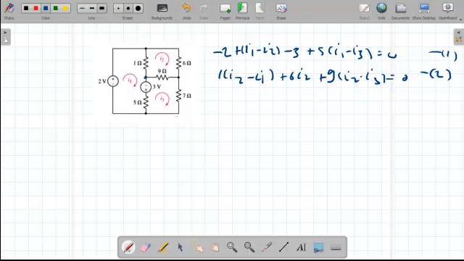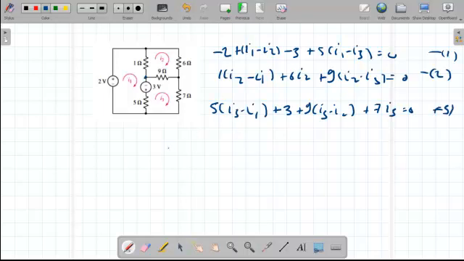The third, we start from here: 5(I3 minus I1) plus 3 plus 9(I3 minus I2) plus 7I3 equals 0. So this is my third equation.